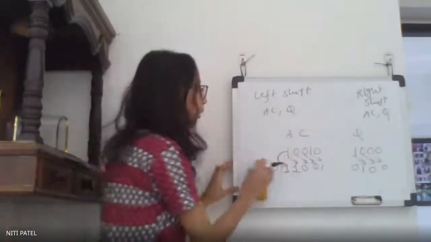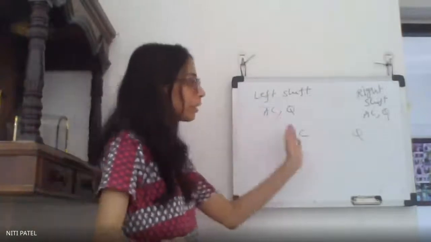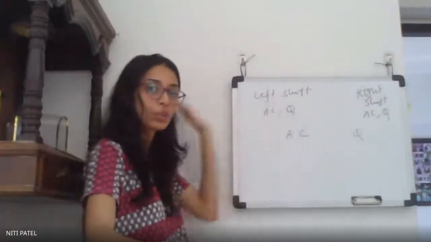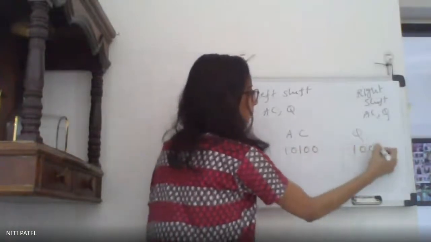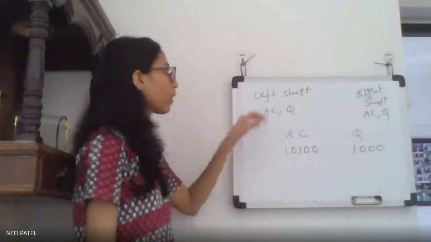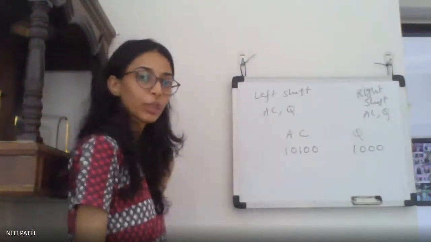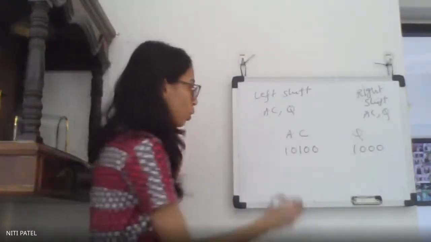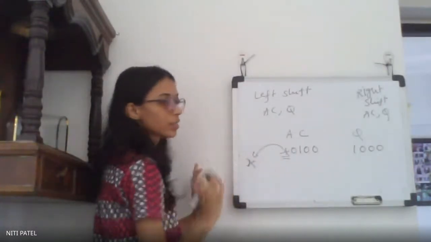Now in division, we make use of left shift. We will not shift the bits towards the right, but towards the left. So with these contents in AC and Q, when we perform a left shift, the first 1 gets discarded. It comes out and is discarded.